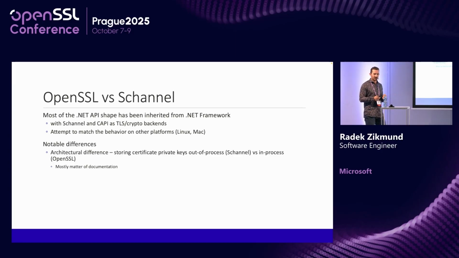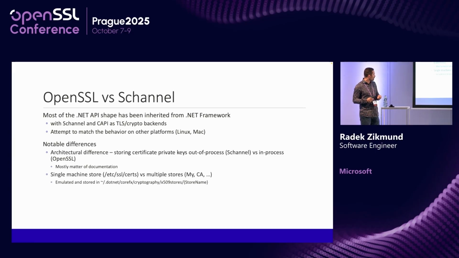We have some long-standing issues that it's somewhat hard to specify which certificate chain should be used over the wire on Windows, because since the handshake happens elsewhere, the only way to make Schannel aware of all the intermediate certificates is to put them into the system store somewhere, and that's something that we have been trying to work around for quite some time. On Linux, because OpenSSL has everything in the application process, that's fairly simple, and it actually works, in my opinion, much better, at least from a user experience perspective.